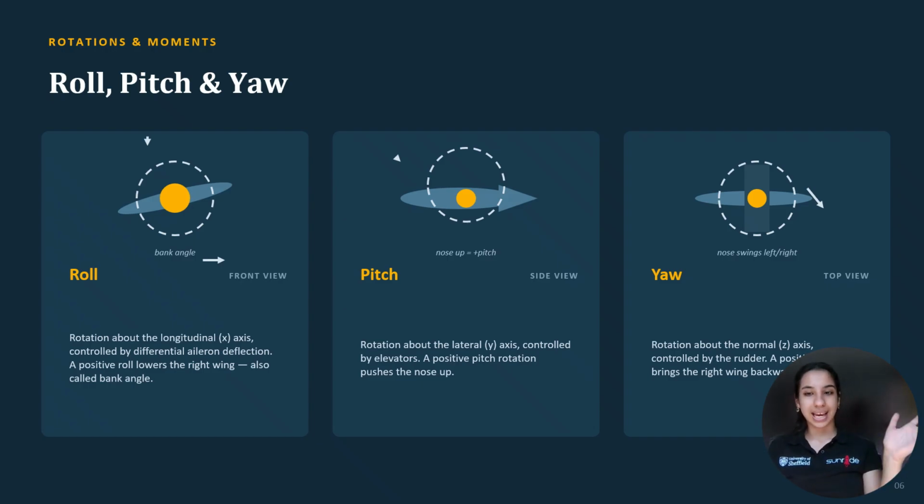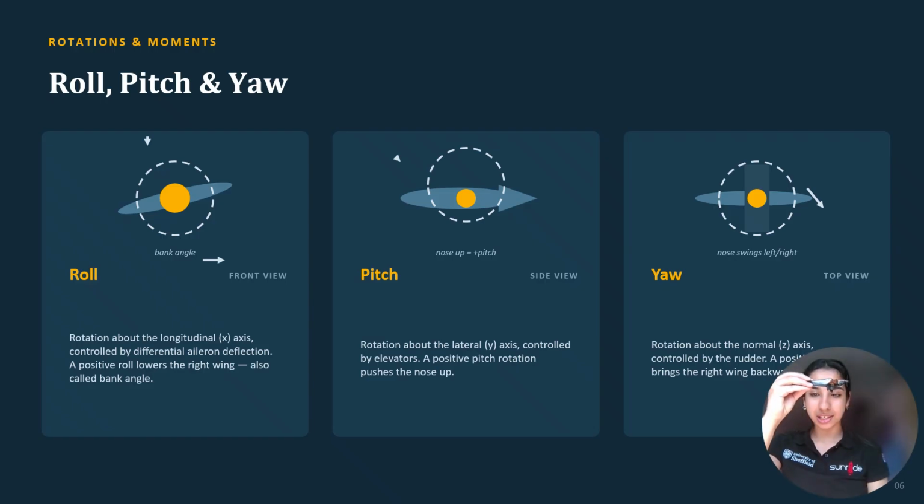Now, our favorite one: roll, pitch, and yaw. Some people, and that was me before as well, have problems remembering what is yaw, what is pitch, what is roll. This is my aircraft again. When we're saying it's rolling, roll like this.